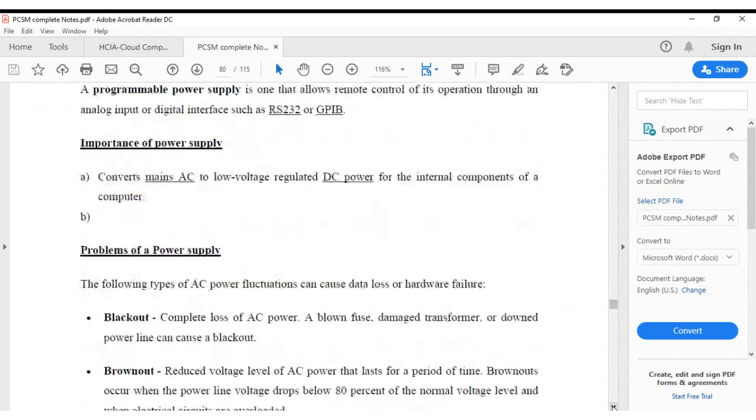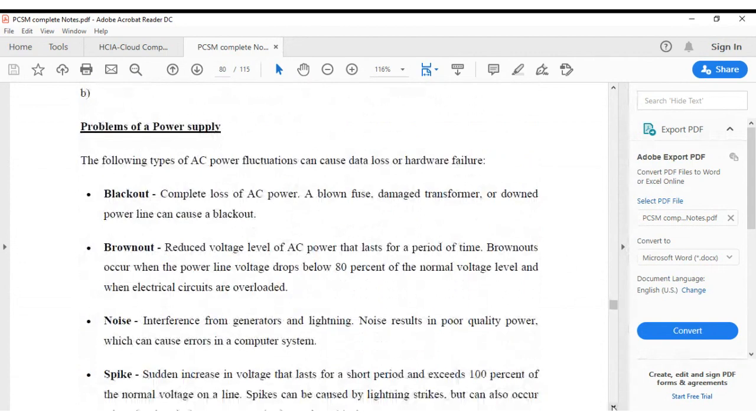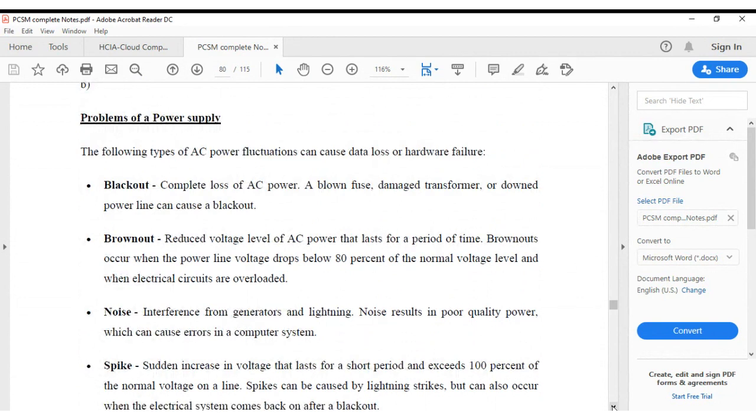Now, problems of a power supply. What are some of the problems that your power supply can experience? We have a blackout. Now, blackout: there is a black and there is out. Maybe like what happens in our estates. We are being told today by Kenya Power there is a blackout. From the word blackout, we mean that there is complete loss of AC power.